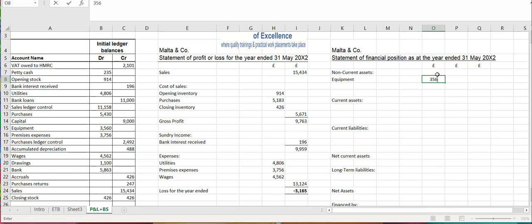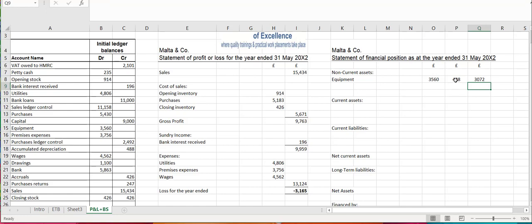For the non-current asset 3560, I look for the depreciation on that asset account. I want to pick up accumulated depreciation of 488, and then I get my net value. That will be the cost, which is a debit balance, minus your accumulated depreciation, which is a credit balance.